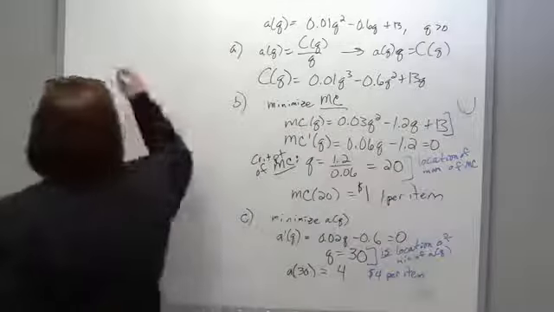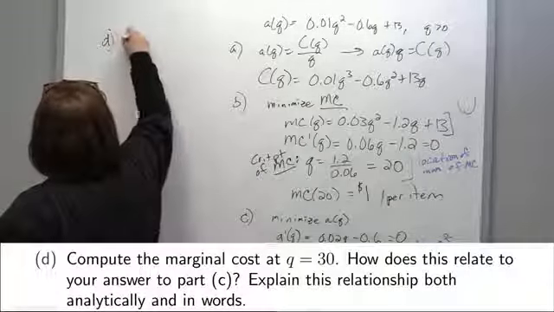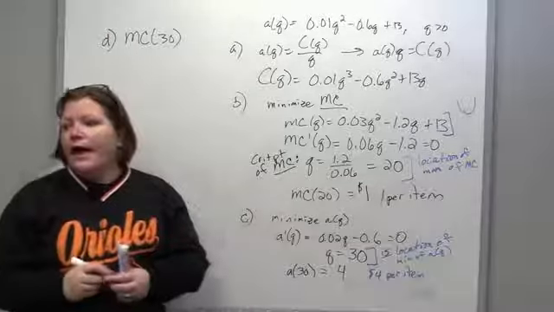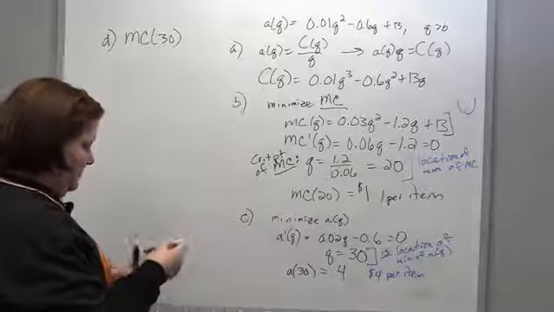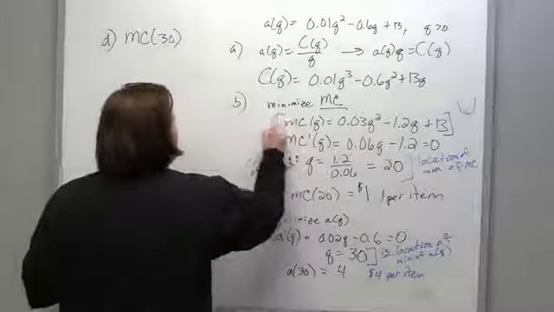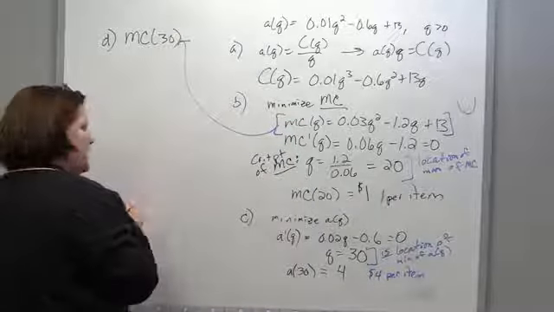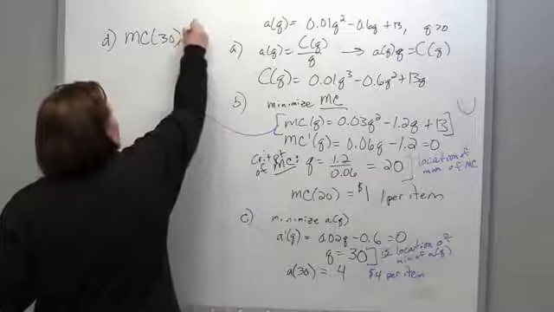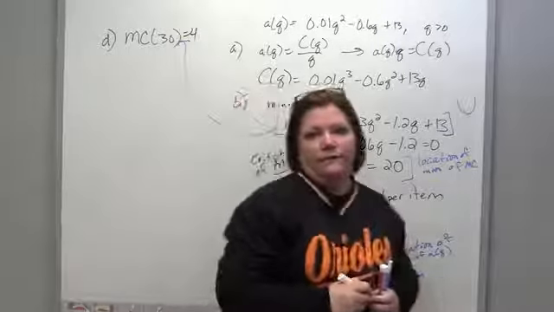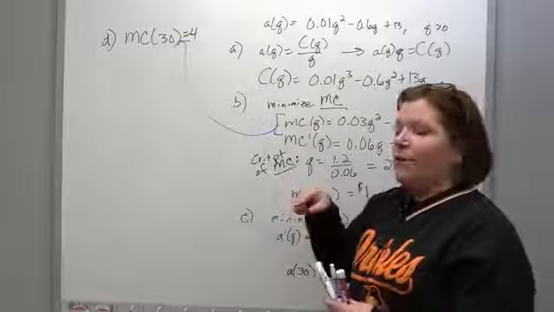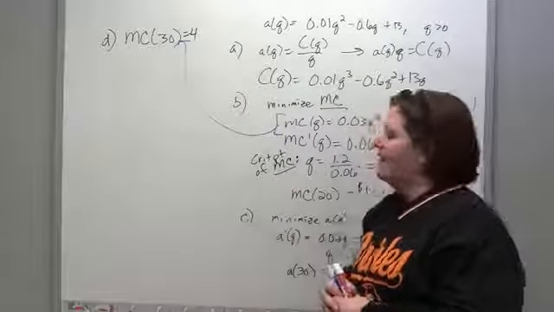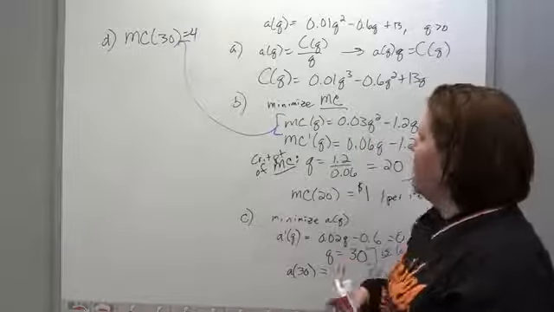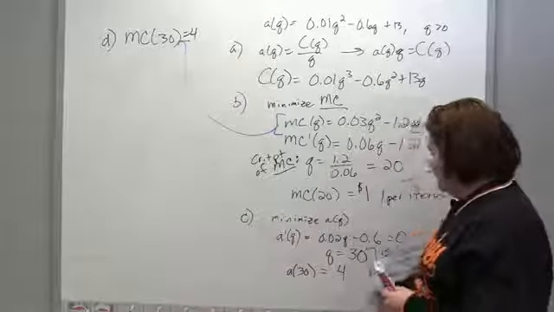Now for part D, they asked to find marginal cost at 30. And when we plug this in, what are we looking at? We're looking at marginal cost. Plug 30 into this formula. We also get 4. Which, if we go back to our fact before, is that we have a critical number for average cost when marginal cost equals average cost.